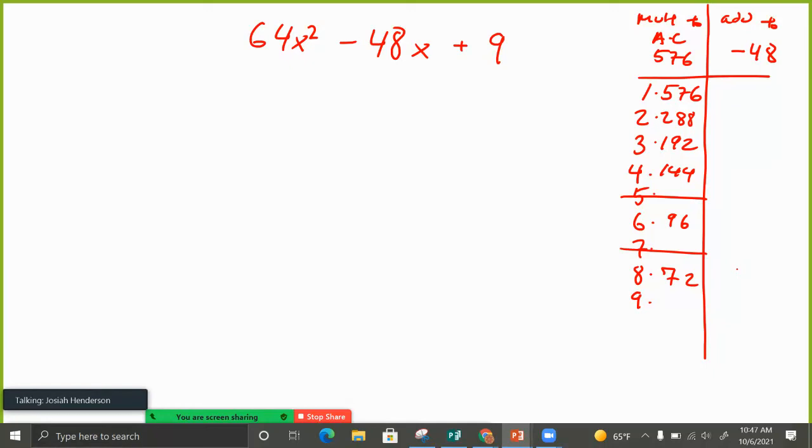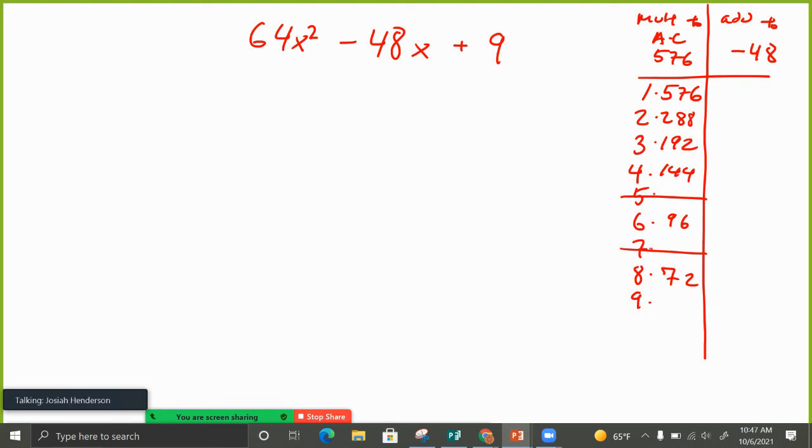So we're looking for the space between to be 48. Or also, the sum of them could be 48. Now, why is that? Because they're multiplying to make a positive 576, but they add to a negative. So that means they're probably both negative numbers.